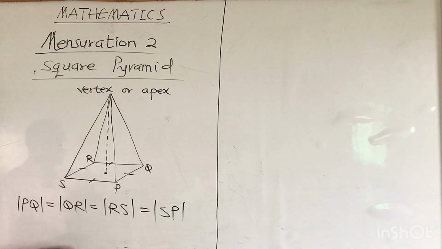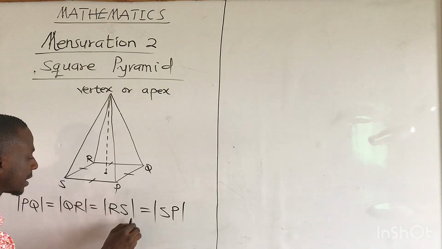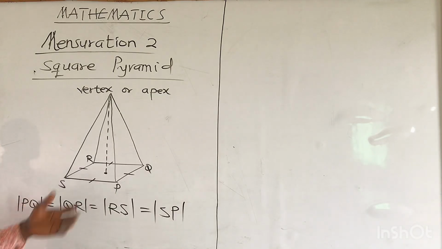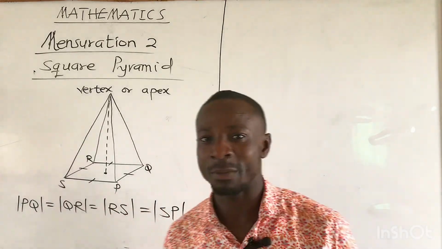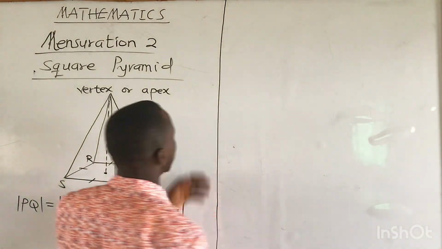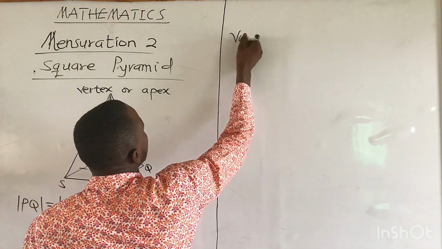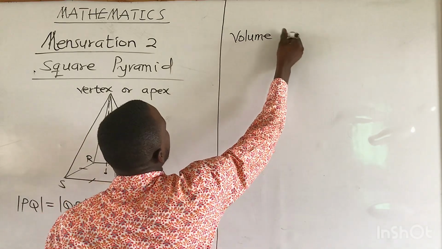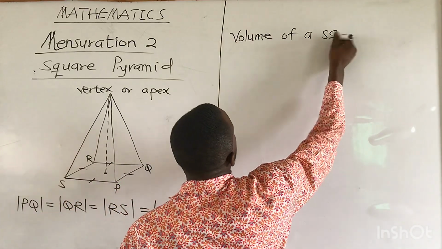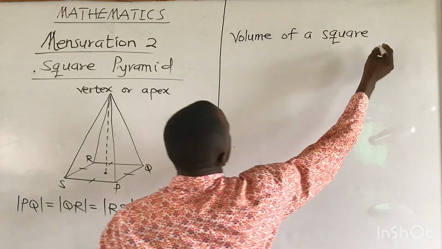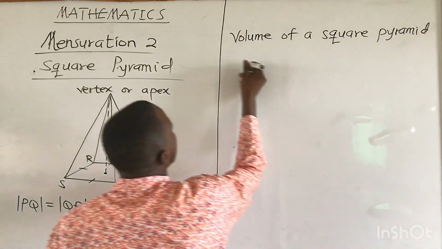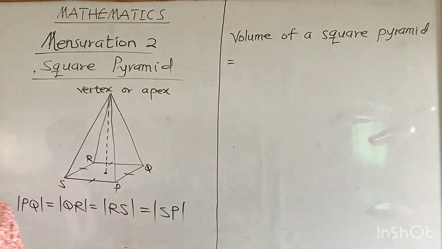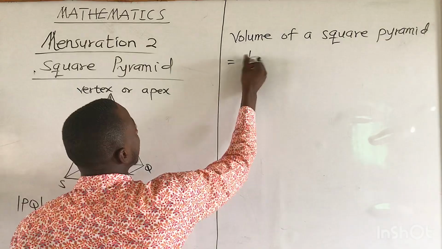Now we are going to look at how we can find the volume of a square pyramid. In finding the volume of a square pyramid, the volume of any pyramid must always start from 1/3.